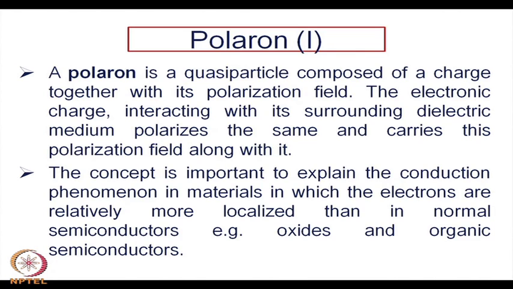The concept is important to explain the conduction phenomena in materials in which the electrons are relatively more localized than in the normal semiconductor, as for example oxides and organic semiconductors.